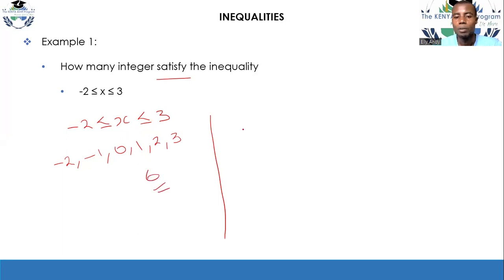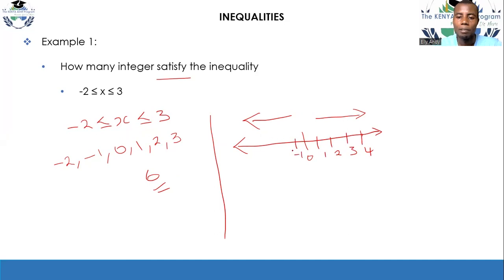Another way of looking at this is by using the number line. So as we know, the number line increases to the right and decreases to the left. So if we have 0 here, we'll have 1, 2, 3, 4, and so on and so forth. Then on this side we have -1, -2, -3, -4, and so on. So where do we start our x from?